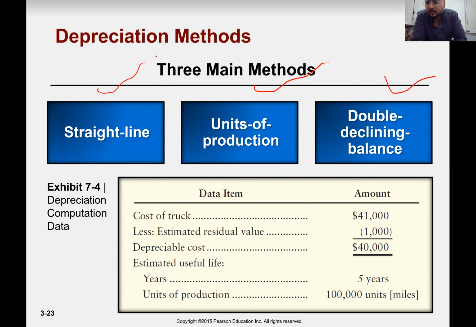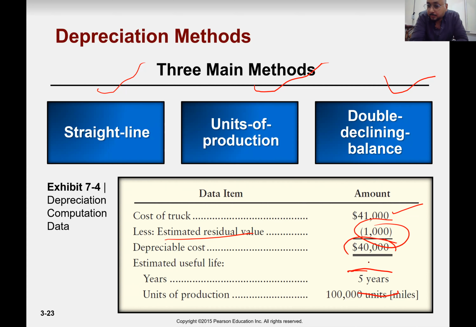So we have the data here. The cost of the truck, including commission, including taxes, everything, is 41,000. Its salvage value is 1,000, which means after 5 years, we can sell this truck for $1,000.